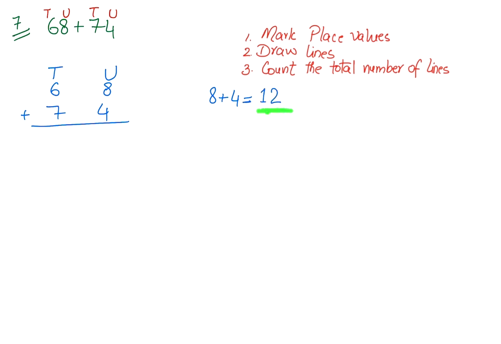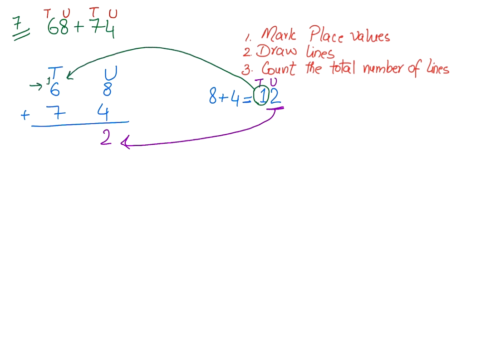Again, this is a 2-digit number, so you will mark the place values. This is units, this is tens. Now again, the unit digit will go to the answer space. 2 will go here, and the number 1, that is the tens place value, will be carried here. So you will write 1 here. Now you will add all the numbers on the tens place value. You will add 1 with 6 and 7.